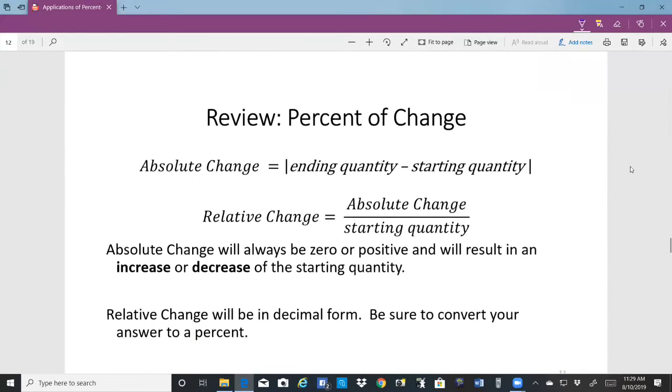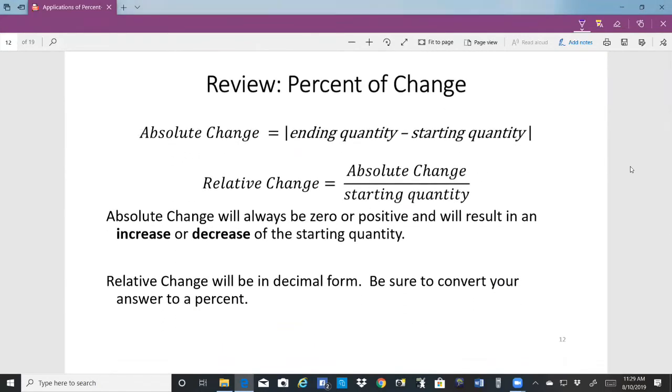Another concept we want to understand is the percent of change. First of all, we're going to talk about the absolute change, which is equal to what you ended up with minus the starting quantity, and taking the absolute value of that.